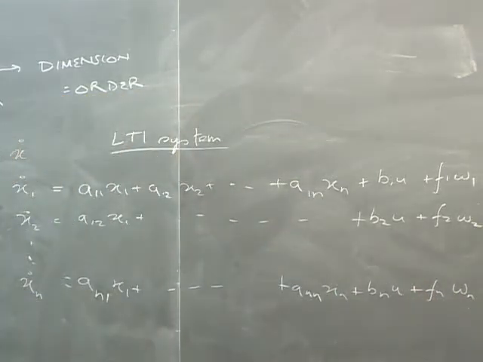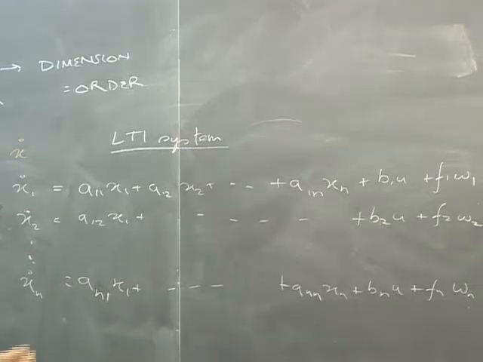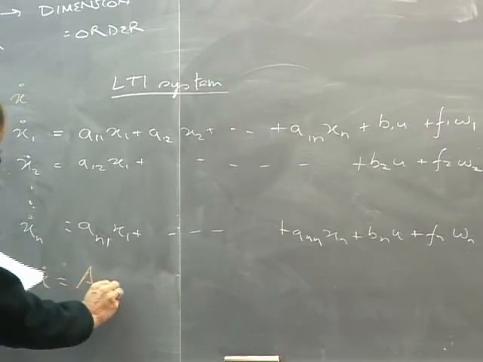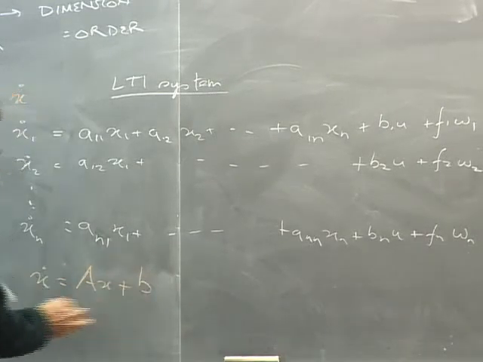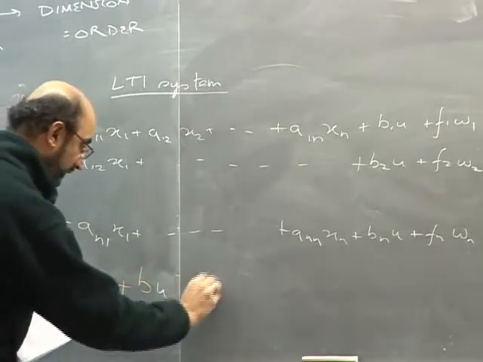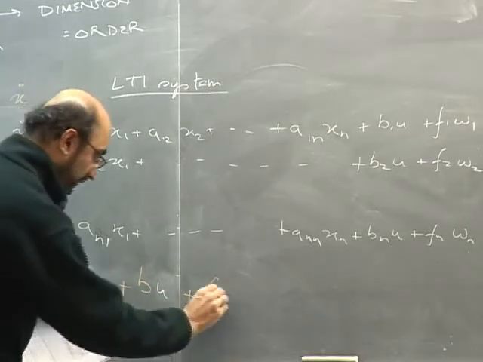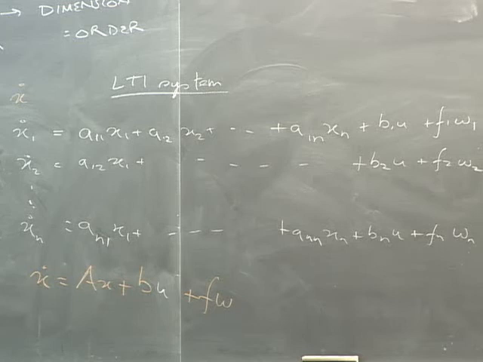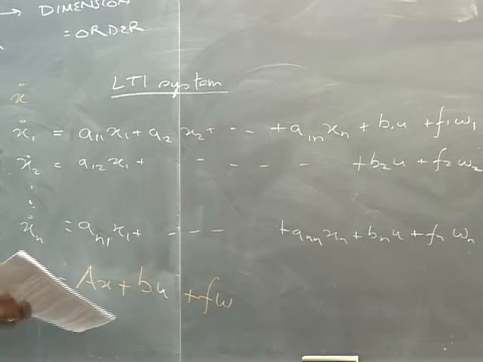In matrix form, we can just write this as x dot equals A x plus B u plus F w. So that's the state update equation. We're basically saying, if I have a state, I can tell you what the rate of change of that state is depending on what input I get and what the current state already is.